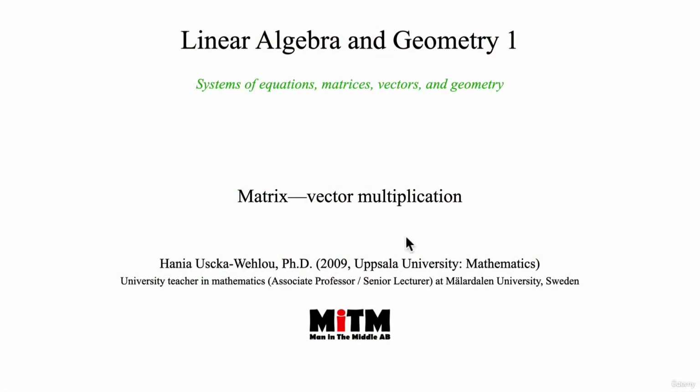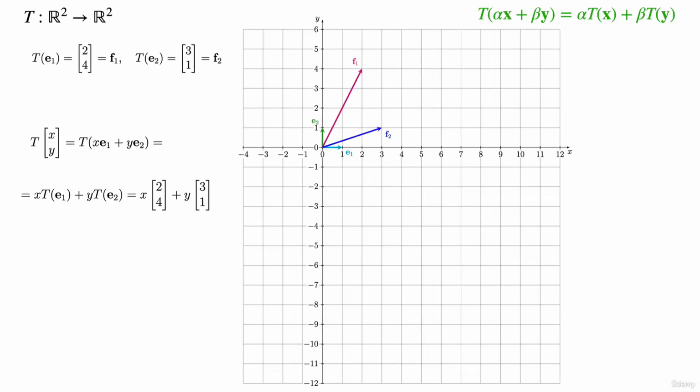Matrix vector multiplication. And we start with linear transformations from R2 to R2. As I told you, they are entirely defined on the unit vectors in the direction of the coordinate axes, so E1 and E2.